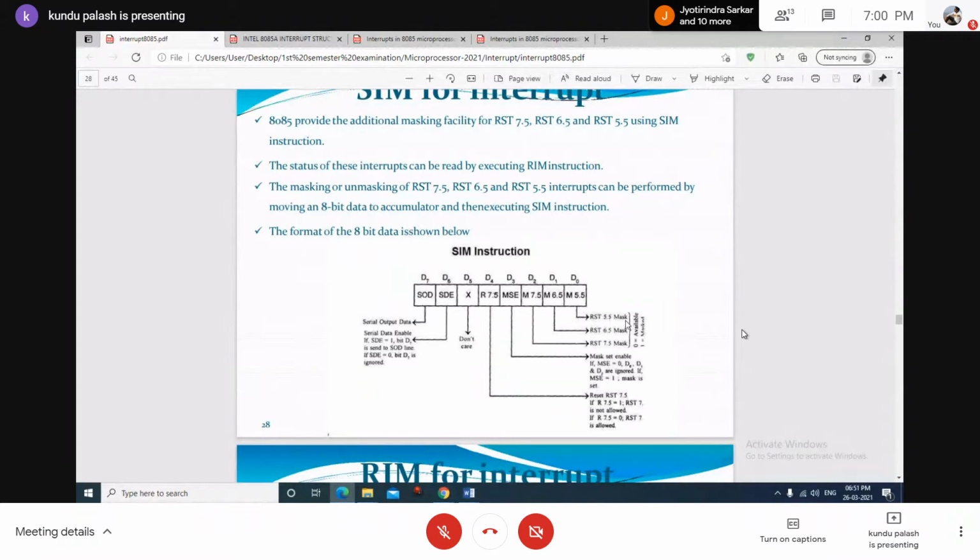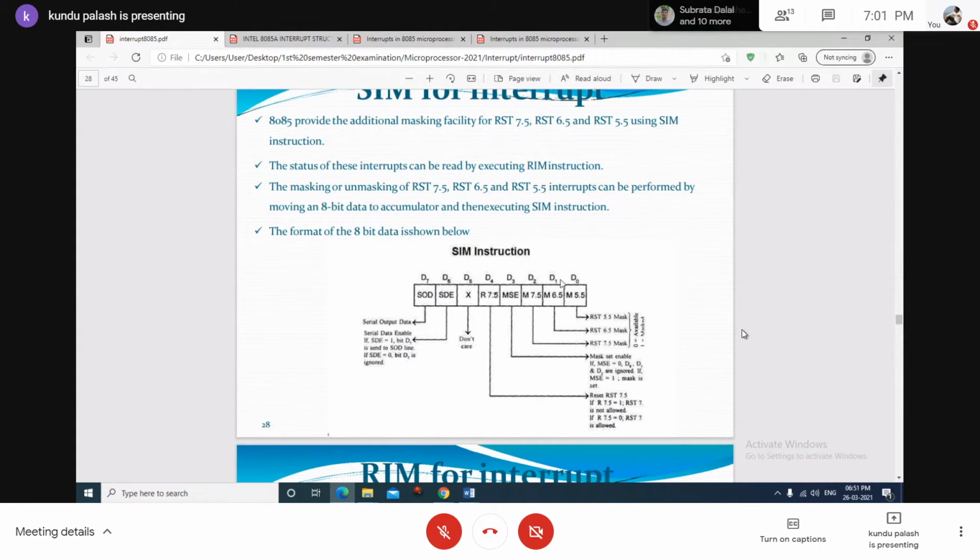The RST 5.5 signal will be blocked. Here 0 means unblocked, that is unmasked, and 1 means masked. If the user sets this bit to 1 in the accumulator byte, even though the RST 5.5 interrupt signal occurs, it will not be processed.